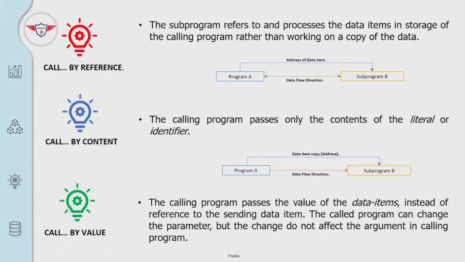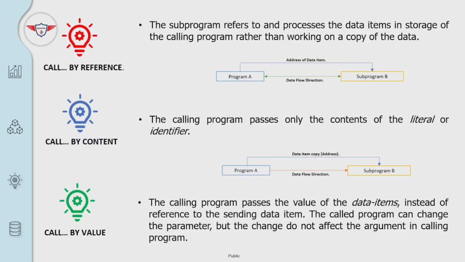But when the data is passed by content, a copy of the data item is created and the address of the copy is supplied to the subprogram, and any change made to the data item in the subprogram will only affect the copy of the data item. So if you look at the flow diagram, program A, which is a main program, is calling the subprogram, that is program B, and it's passing the data.